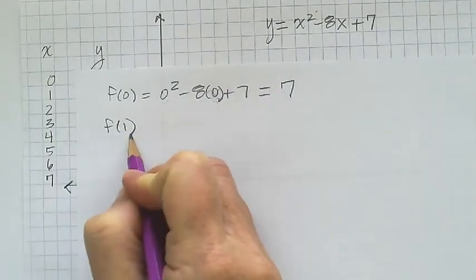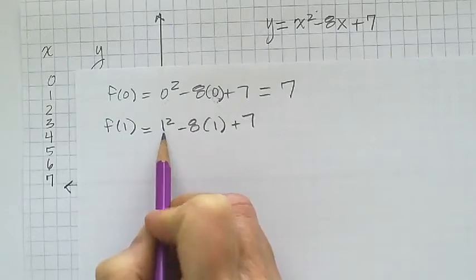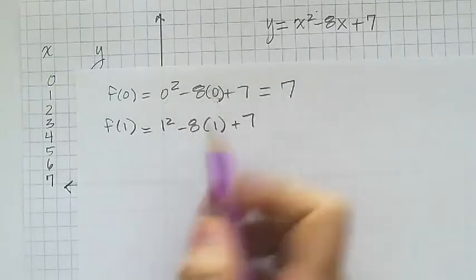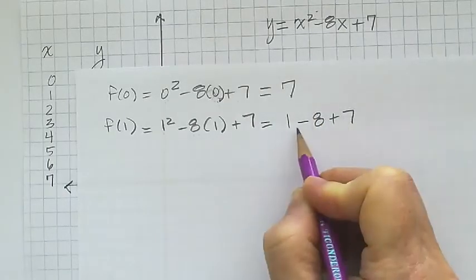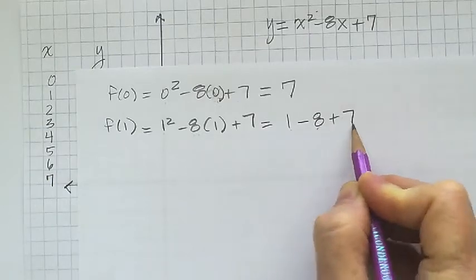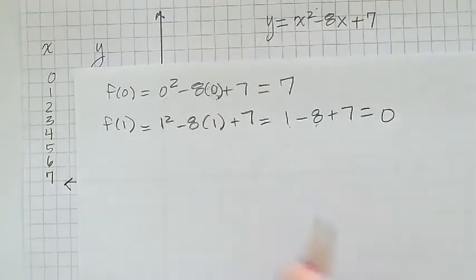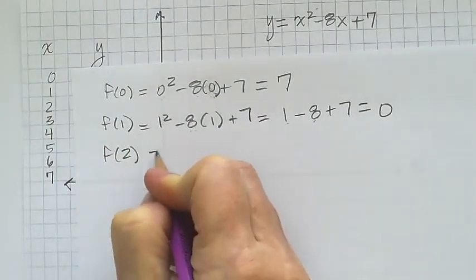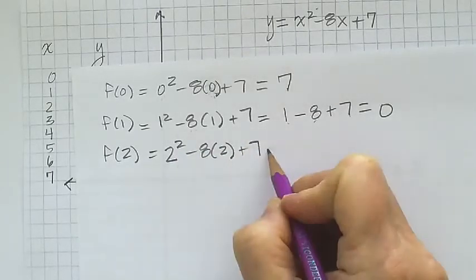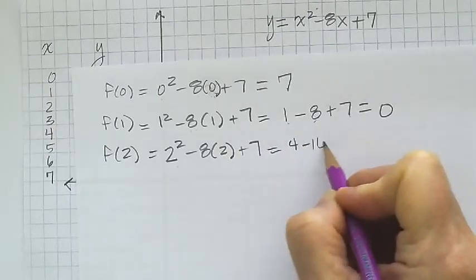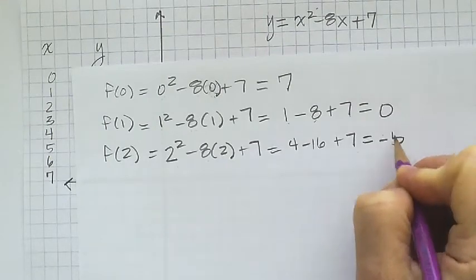Okay, let's do f of 1. So 1 squared is 1, minus 8 times 1 is 8, plus 7. So 1 minus 8 is negative 7, plus 7 is 0. Okay, f of 2: 4 minus 16 is negative 12, plus 7 would be negative 5.